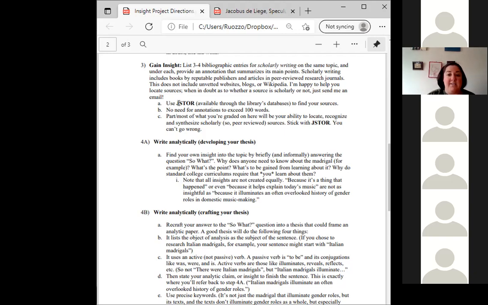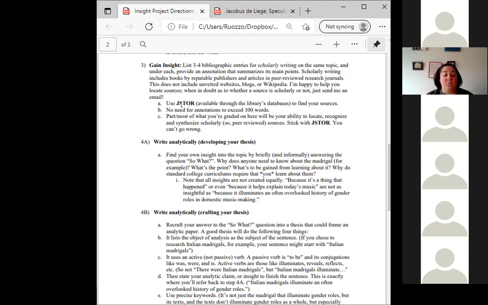Where are you going to find these? A magical website called JSTOR. Again, available through ABLA. This is a database much like the Oxford Online, but JSTOR is not an encyclopedia. What it is, is a website that houses countless academic articles.